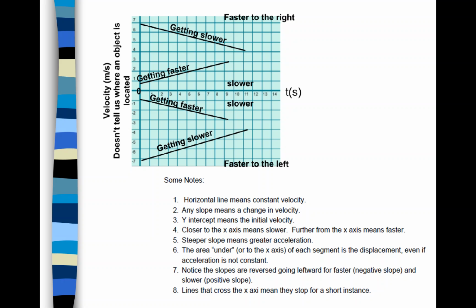So if I'm going north on 28 at 35 miles an hour, that'd be positive 35. And let's say you go south on 28 at 40 miles an hour, well, that'd be south, that'd be negative. So I'm going positive 35.